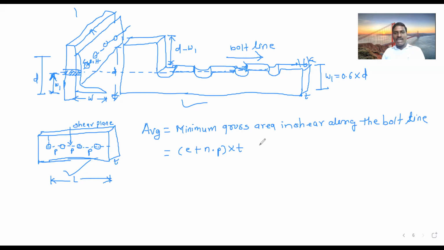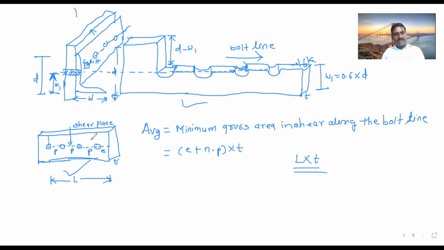See here, this area I am calculating is nothing but two dimensions, L into T. So L, see here L. How to calculate L here? Whatever formula I have derived is by this figure.